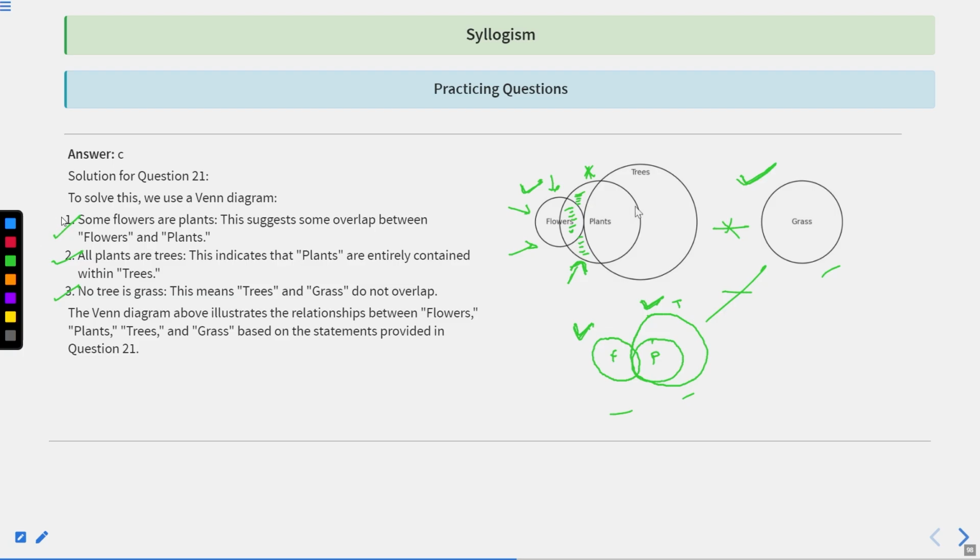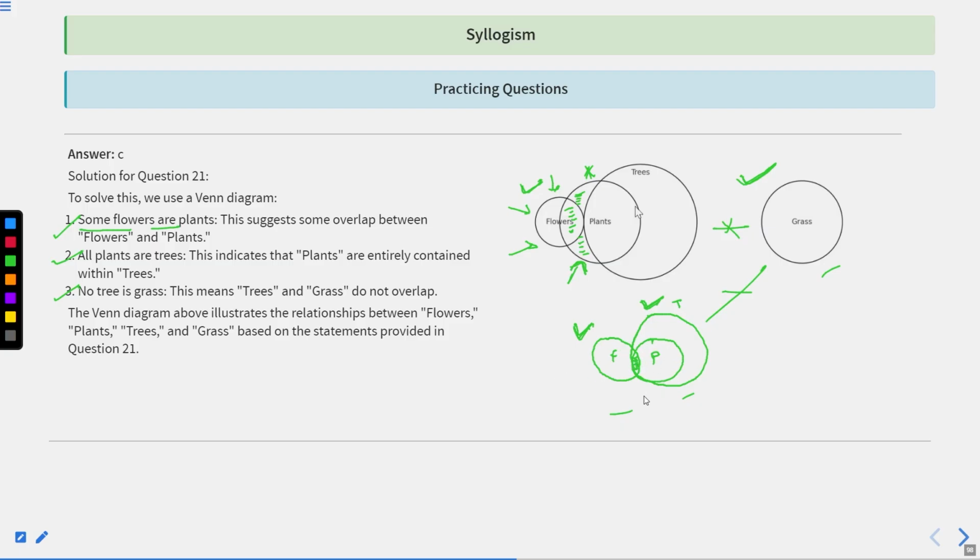Now we have to infer from these two statements, my dear students. Some flowers are plants. Is it correct? So there are some flowers which are plants, so there is something common between flowers and plants.